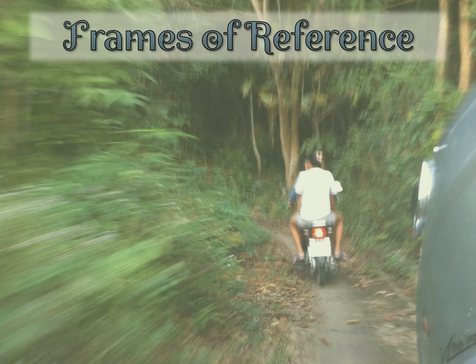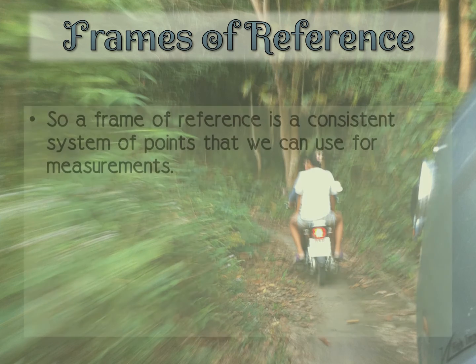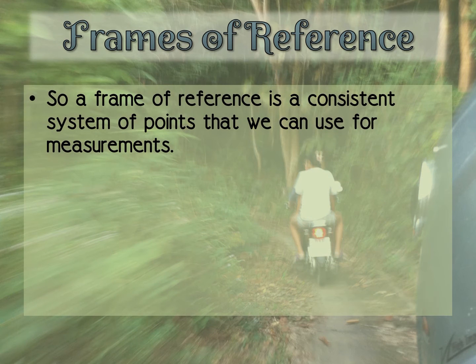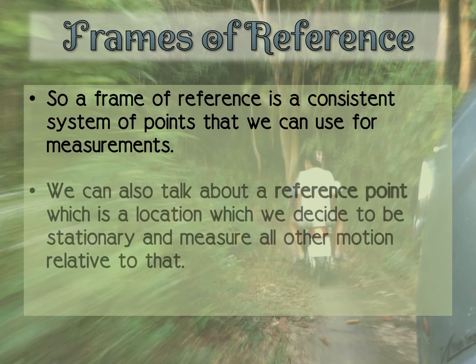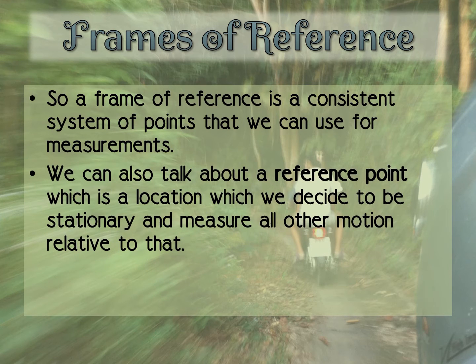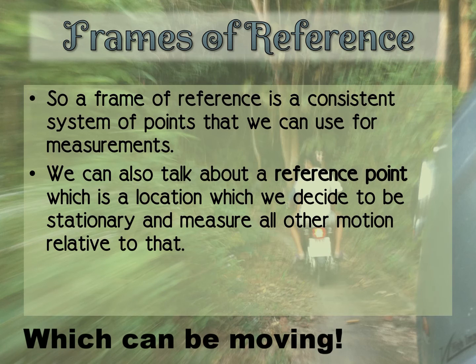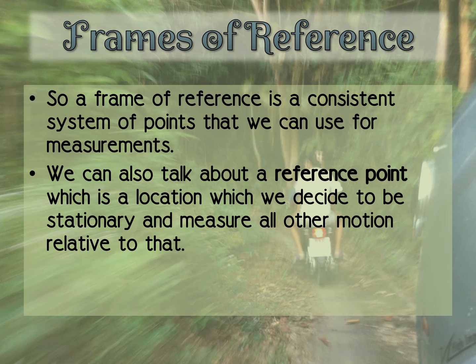So let's try and simplify that as quickly as we can. A frame of reference then is a consistent system of points that we can use for measurements. And our reference point is the origin of that system. It is the 0, 0, 0 point if you're in 3 dimensions. And we take that to be stationary, at least within that reference frame.